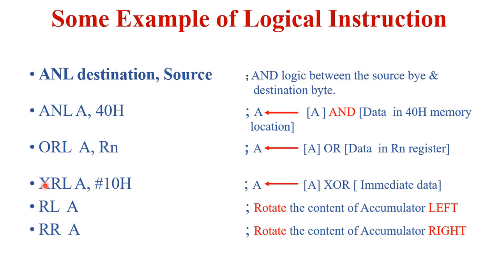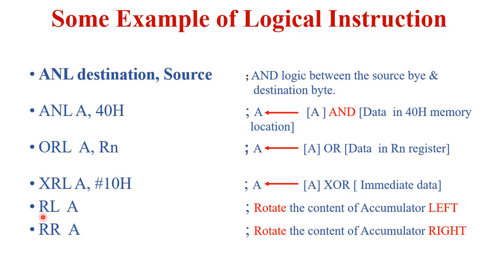Next instruction is XRL A comma #10H. In this instruction, #10H is the immediate data, and this instruction is an example of XOR instruction. This instruction tells that perform XOR operation between the accumulator data and the immediate data given in the instruction, and the result is stored in the accumulator register.